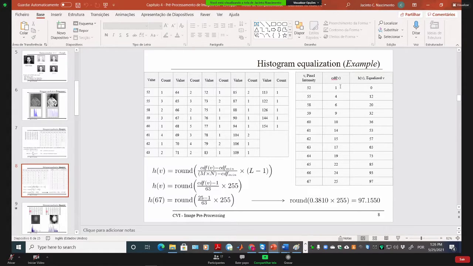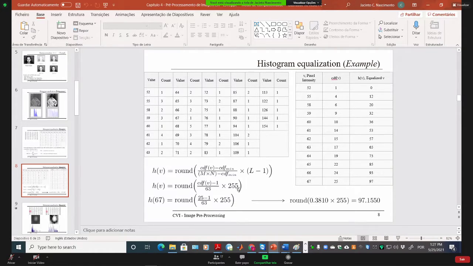Then you're going to compute the cumulative distribution function. So in this case, 52 is 1. And then if you have 3, you just compute the summation between 3 and 1. You have 4. And then you have 2 occurrences for 58. So you compute 2 plus 4, and you have 6, and so on and so forth. So this is the one.